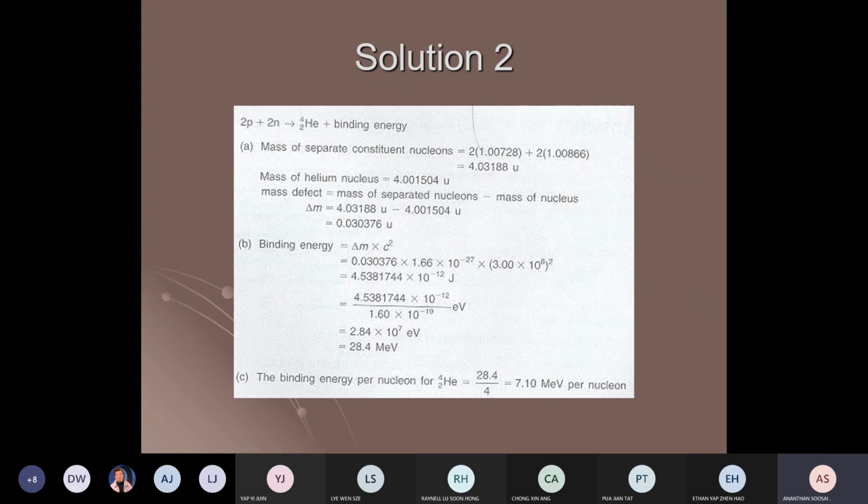Okay, first question. Try to get familiarized with the idea. How is binding energy linked to the stability of the nucleus? How is mass defect linked to binding energy? Greater binding energy per nucleon means the more stable the nucleus.